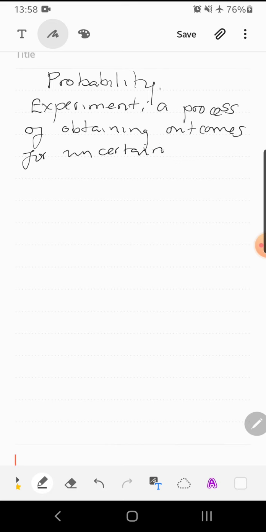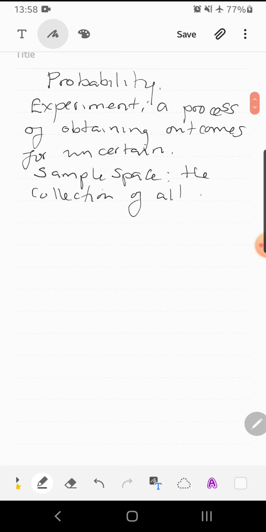This process of obtaining outcomes for uncertain events is just known as an experiment. Also, terms such as the sample space. The sample space is just the collection of all possible outcomes.